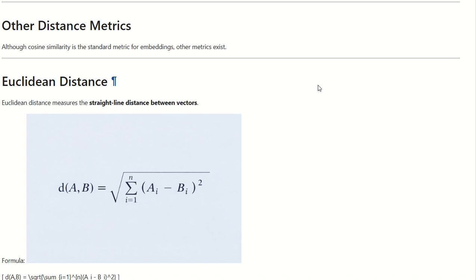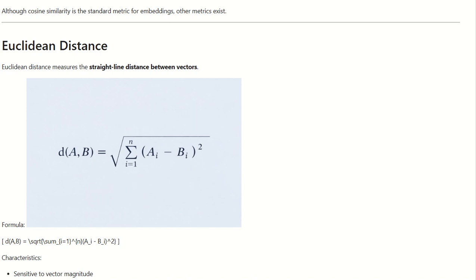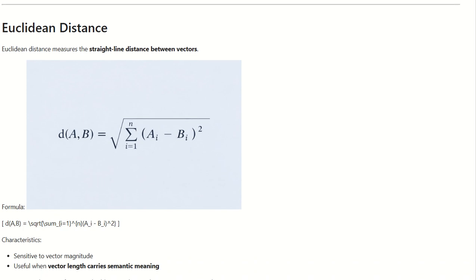One of the main ones is Euclidean distance. Euclidean distance measures the straight line distance between vectors. For vectors a, b, it is the square root of the summation of (a minus b) squared. That is the formula of Euclidean distance.